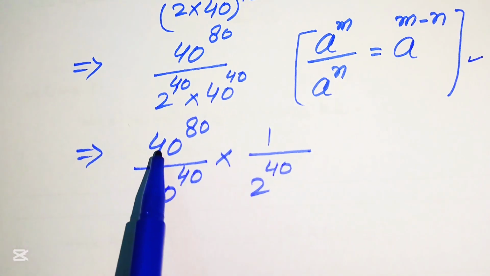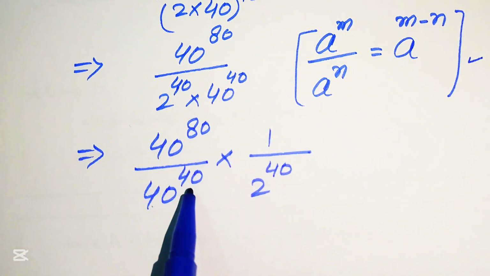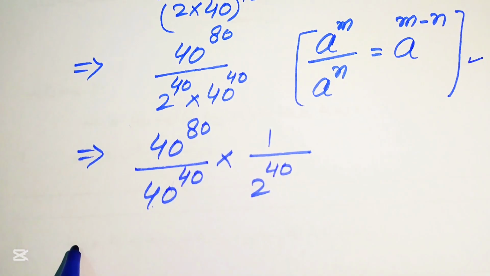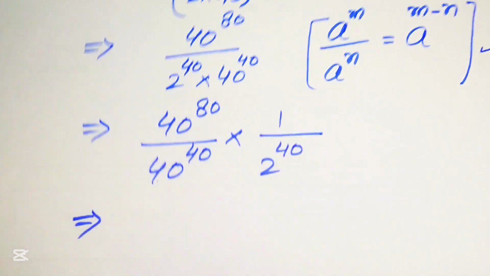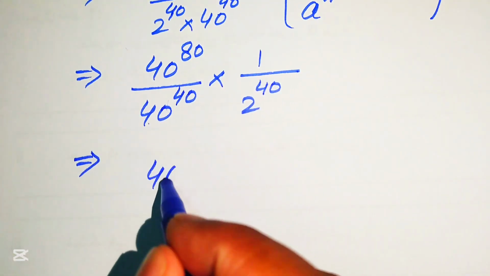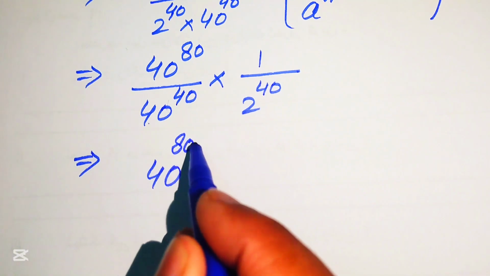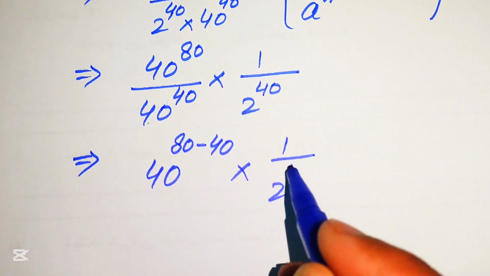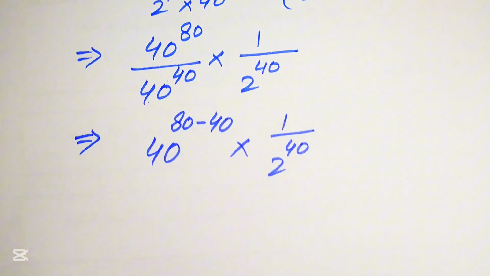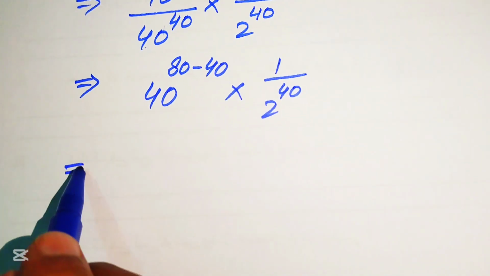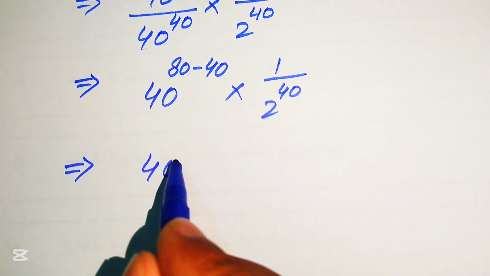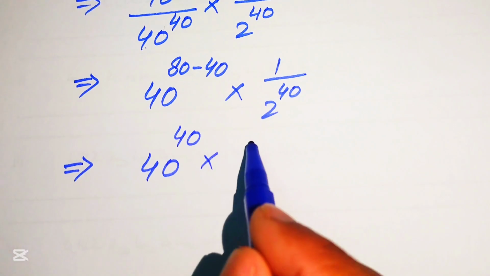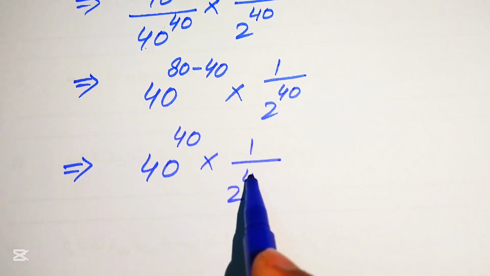These two bases are the same but the exponents are different, so we subtract the exponents, and it will be written as 40 to the power of 80 minus 40, multiplied by 1 over 2 to the power of 40. In the next step we need more simplification, and 80 minus 40 becomes 40, so it is 40 to the power of 40 multiplied by 1 over 2 to the power of 40.